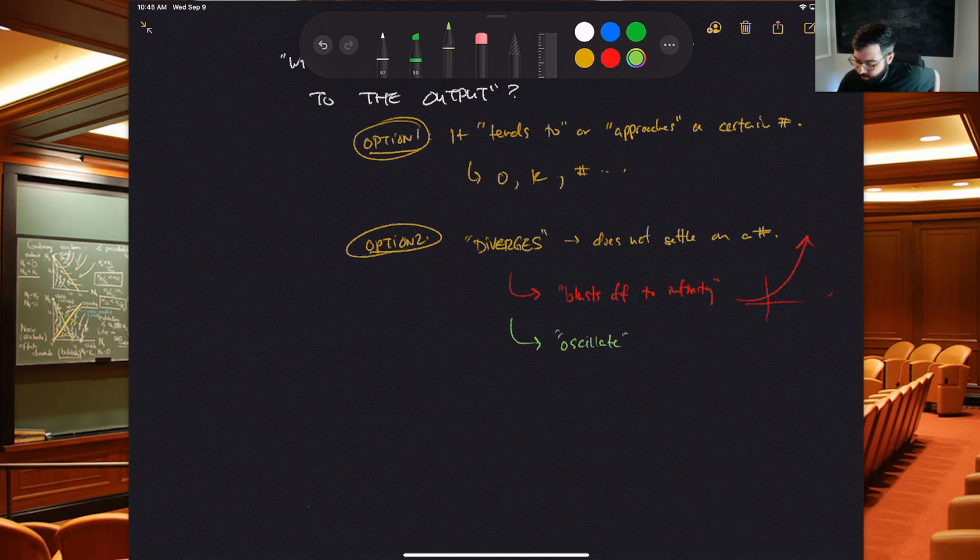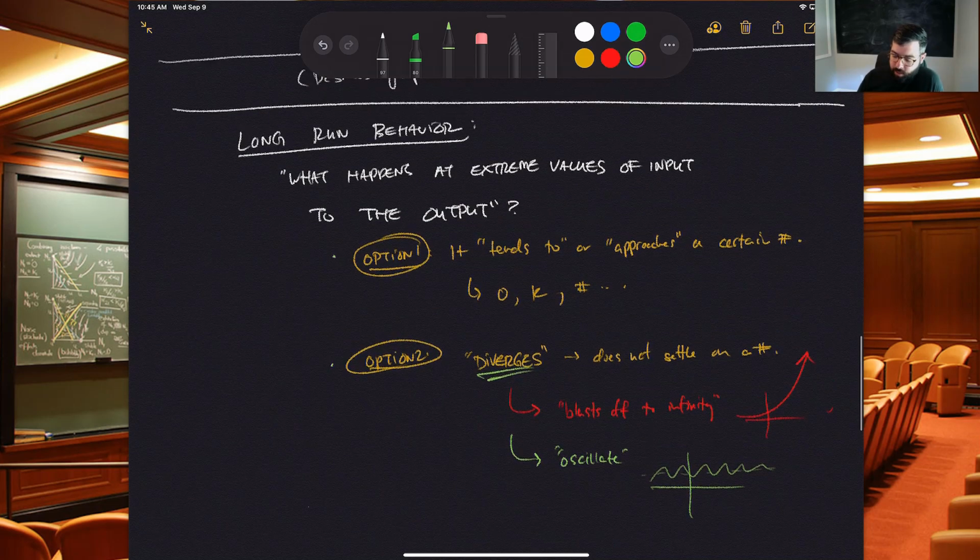Or it might oscillate, meaning it goes back and forth over time but doesn't ever hit and stay on one value. So this is what we'd say it diverges. It means it doesn't converge. So we're either really looking for one of these two things when we're talking about the long run behavior. Does it settle to one number like a coffee cup, or does it oscillate or blast off to infinity or negative infinity? Okay.